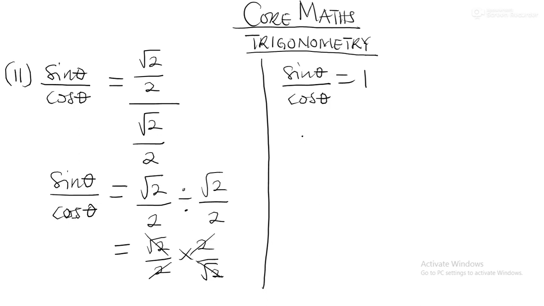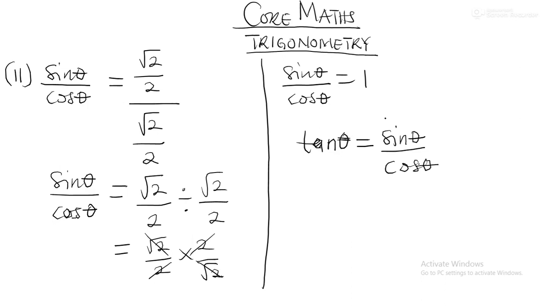It implies that tan theta is the same as sine theta over cos theta. So sine theta over cos theta is the same as tan theta.